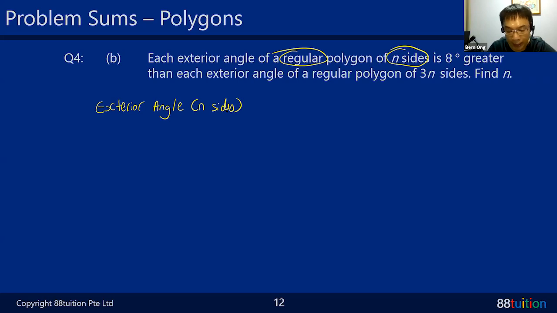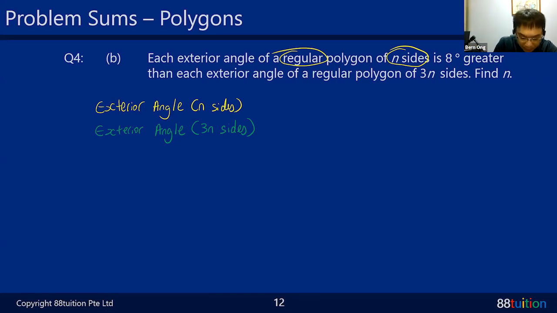It's greater than each exterior angle of a regular polygon of 3n sides. So they are comparing exterior angle with exterior angle. They are talking about 2 different polygons here. One of them is the n-sided one. The other one is the 3n-sided one. They are comparing the exterior angles of 2 separate polygons.